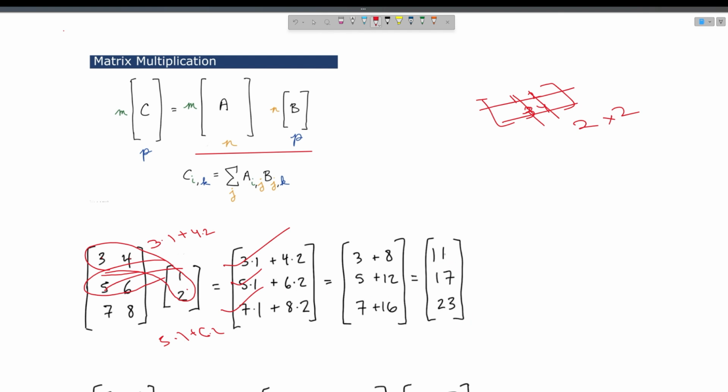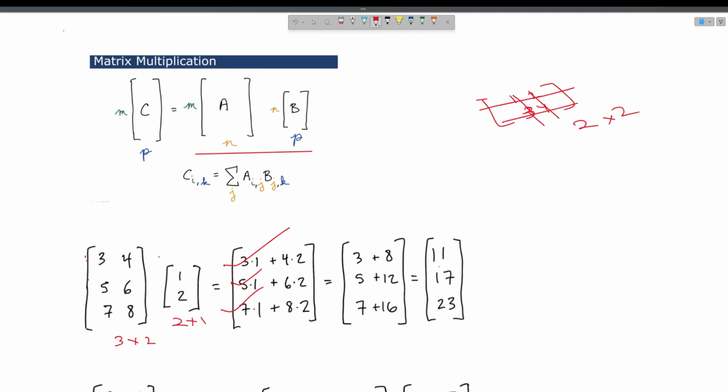Now here is an interesting factor. If we remove these, I've just mentioned the process, but I'm going to write the dimensions. Here we had 3 rows, 2 columns, and here we had 2 rows, 1 column.